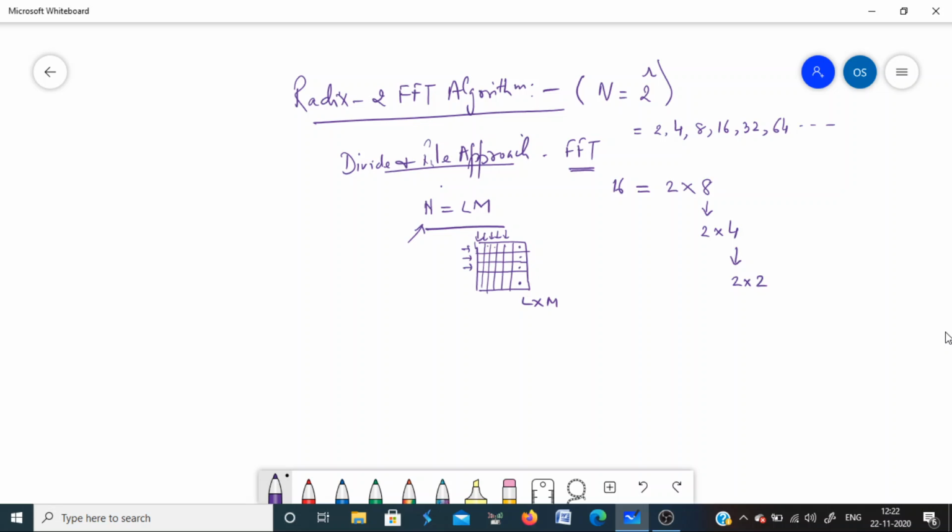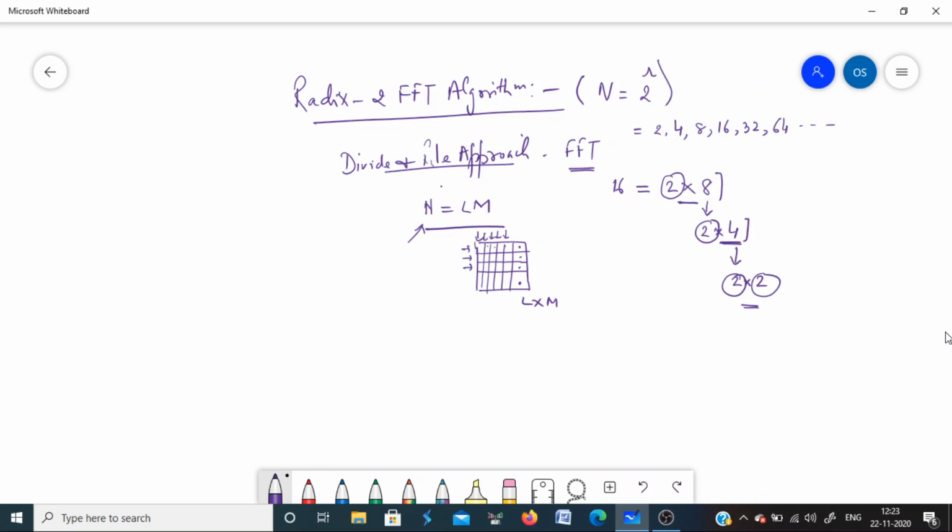So what you finally get is only 2-point DFTs, so you get a symmetric structure. By combining the 2-point DFTs you generate a 4-point DFT, then by combining two 4-point DFTs you generate 8-point, and then by combining two 8-point DFTs you generate a 16-point DFT.